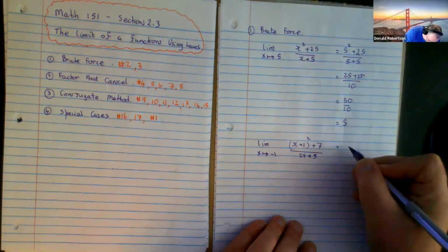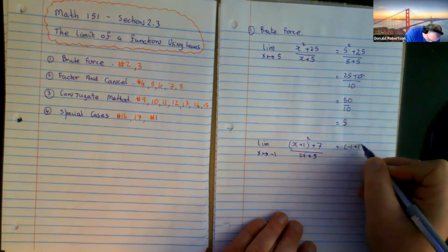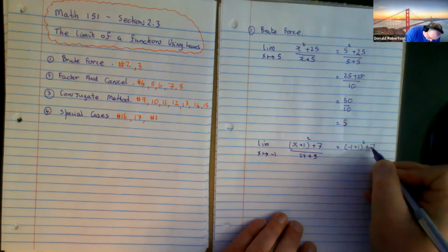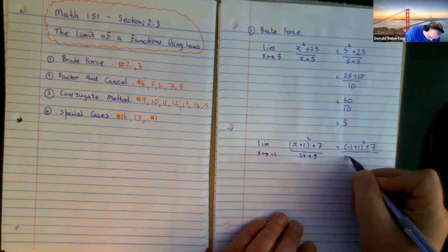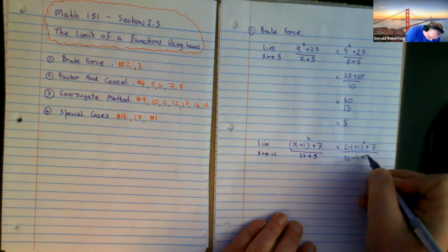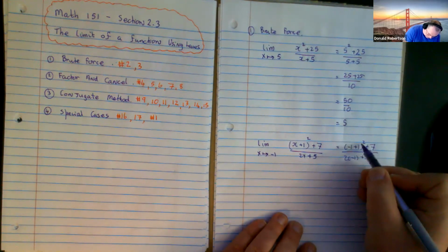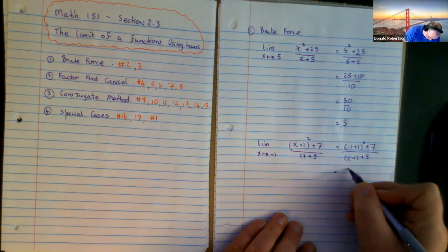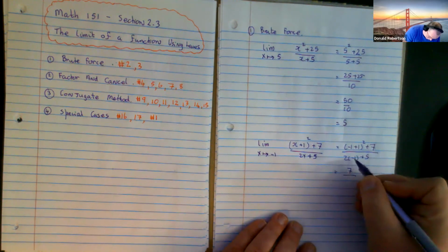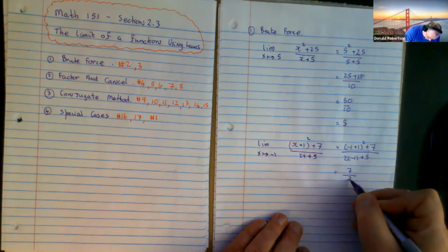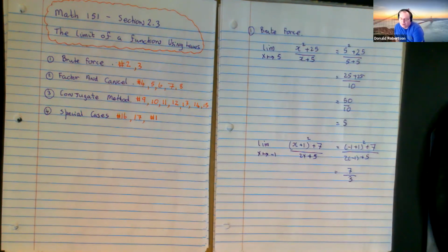Well, if I plug in -1 for x, this expression becomes this guy here. That plus that is nothing, so nothing squared is nothing. Nothing plus 7 is 7. And 2 times -1 is -2. If you add 5 to that, you get 3.